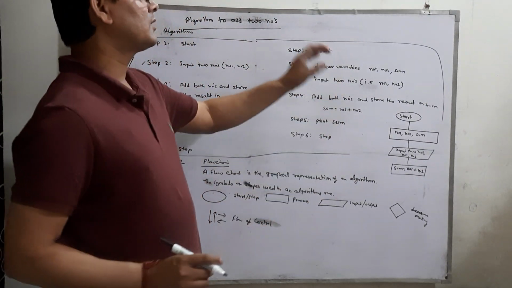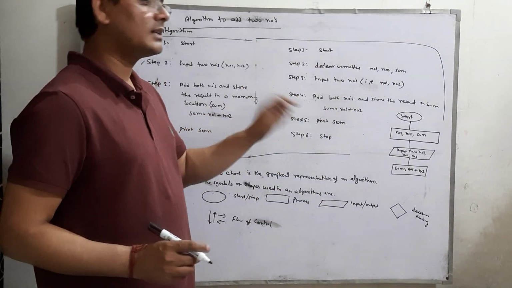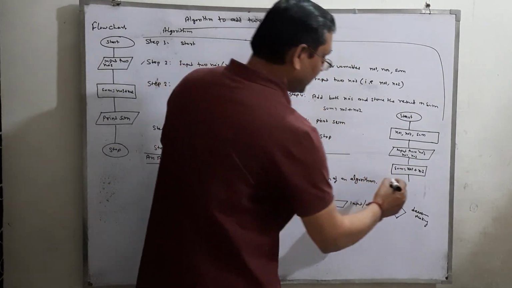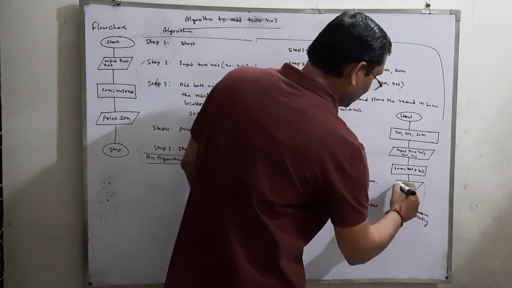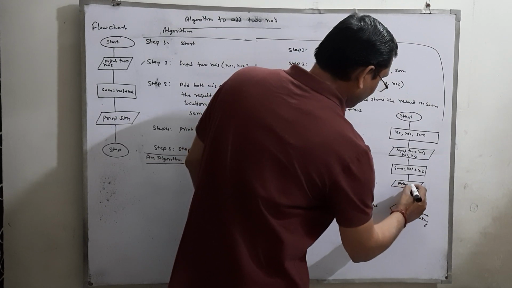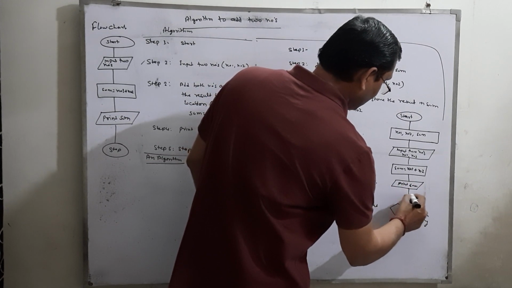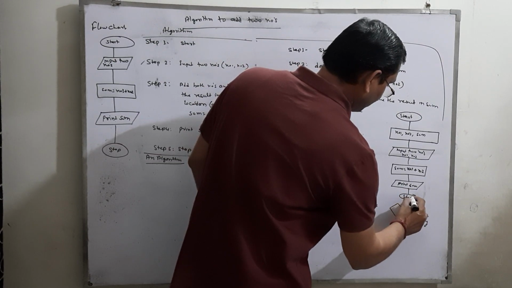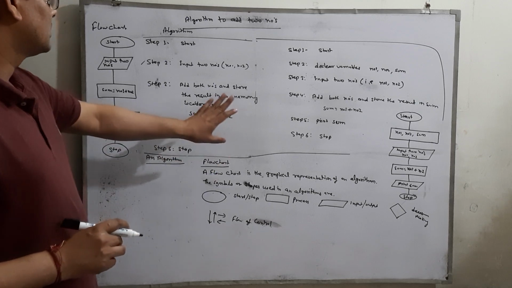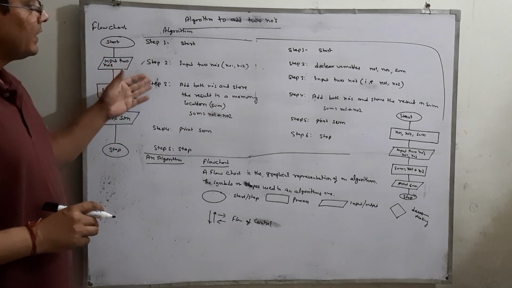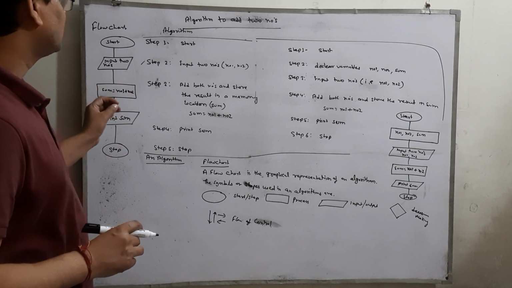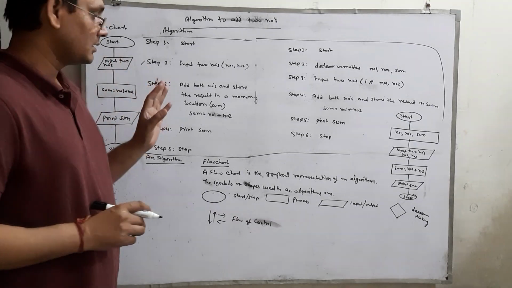Variables can be anything, number 1, number 2, A, B, C, X, Y, Z, whatever. The next one is print. Print is parallelogram. Print sum. The last one is stop. So guys, this is how we can write the basic and smallest algorithm and flowchart.